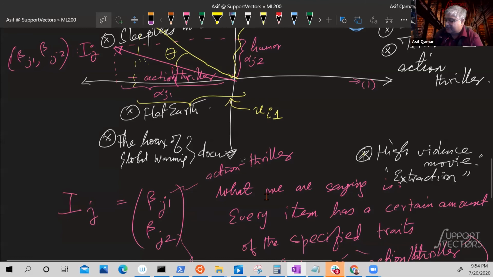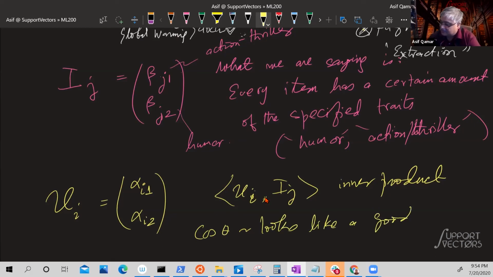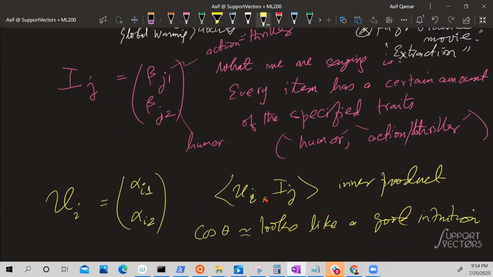So you realize that something like a cosine theta could be a good measure. Do we agree, guys? Does it make sense? Yes. Right. Or the inner product or something like that makes a lot of sense.